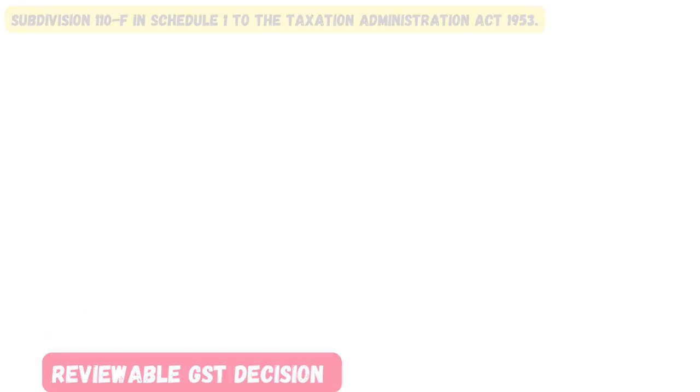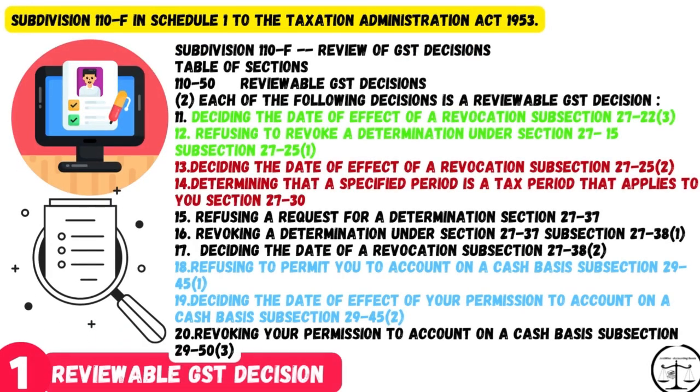Determining that a specified period is a tax period that applies to you, section 27-30. 15. Refusing a request for a determination, section 27-37. 16. Revoking a determination under section 27-37, subsection 27-38(1). 17. Deciding the date of a revocation, subsection 27-38(2).